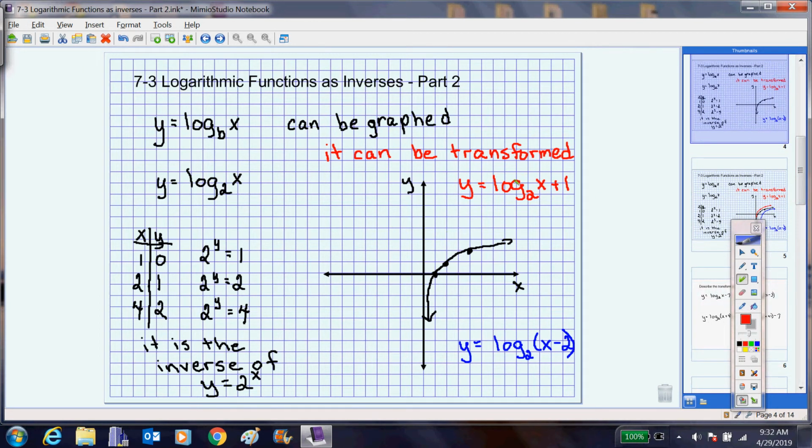It's up because the whole value, y equals 0, but then plus 1 moves it up 1. You could use another color if you want to, or highlight log base 2 of x plus 1. That would bring it up 1. So you put in your up 1s for every one of these points, and then you draw in your curve. What happens with this one? Which direction does that one go?